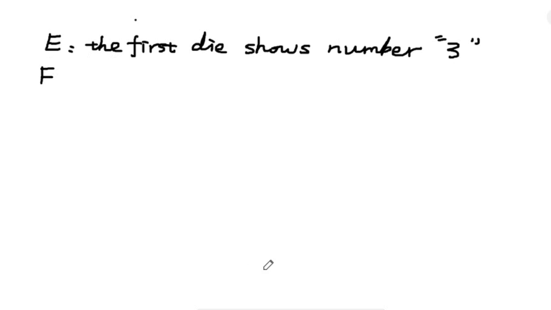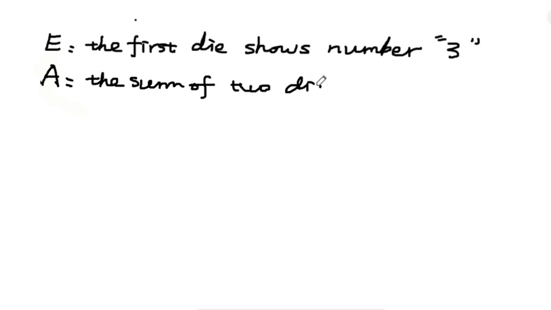And what is my event F? Let me write event A first. What is my event A? My event A will be the sum of the 2 dice equals 8.